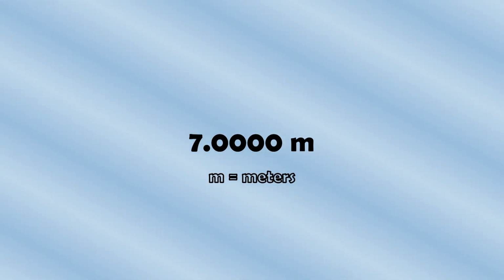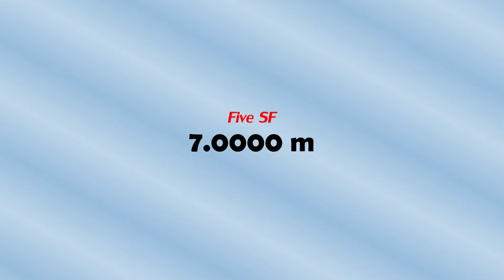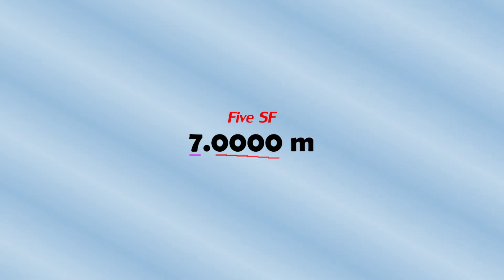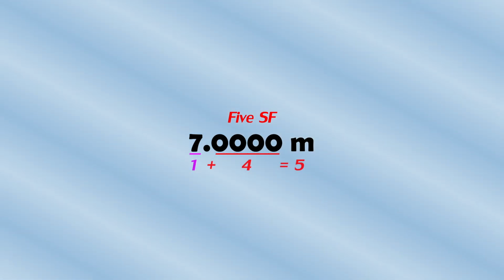So the first example is 7.0000 meters. I think there's 4 zeros. The little m is meters, and that is a total of 5 sig figs. Why? Because all of those zeros after the decimal point, after the sig fig, are significant.